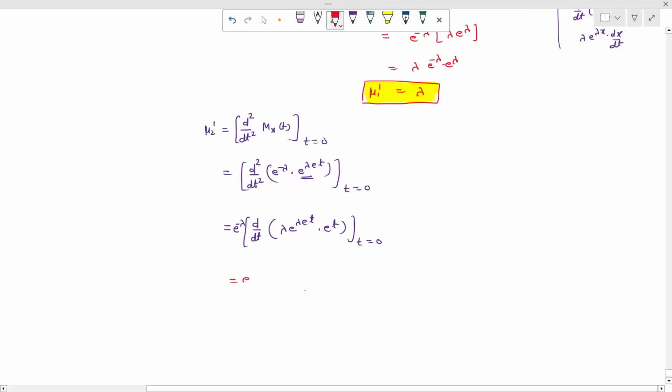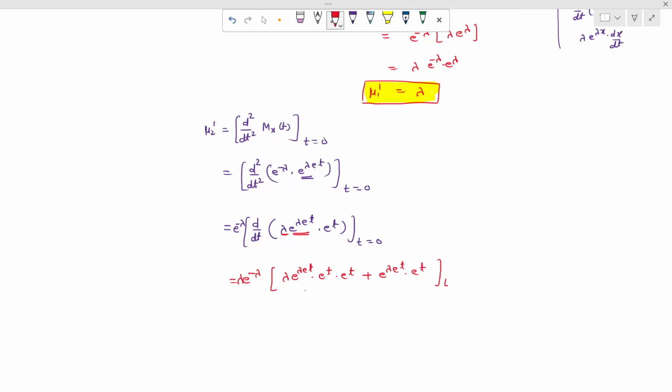So we write e raised to the power minus lambda, and lambda we take outside. Now we differentiate this using the product rule: the differentiation of the first is lambda e raised to the power lambda e raised to the power t into e raised to the power t, times the second function e raised to the power t, plus e raised to the power lambda e raised to the power t into the differentiation of the second, which is e raised to the power t. So now we write lambda e raised to the power minus lambda.